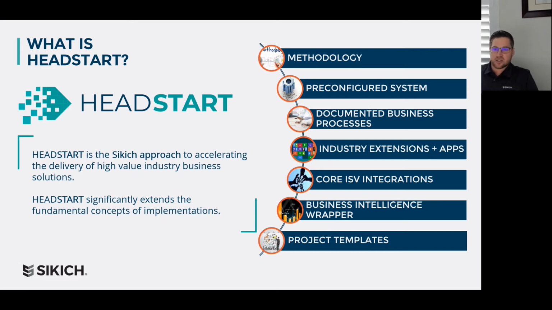This gets people's hands on the solution right out of the gate. It makes people more knowledgeable in making decisions as their project progresses. It helps them see the value and how the system functions, so they can make intelligent decisions on how to configure it, what makes us more efficient, and what makes the most sense to implement. Those pre-configurations come with the next bullet, our documented business process library.